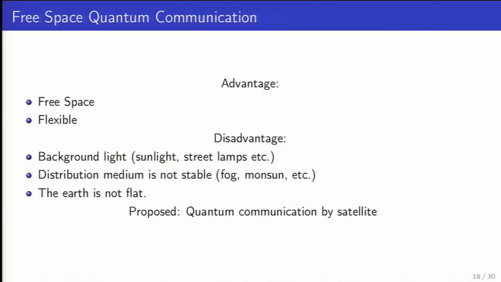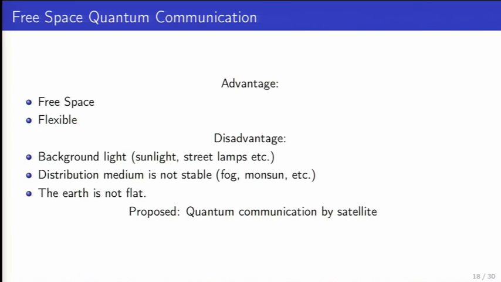And the disadvantage is that there's background light, like the sun or street lamps, and when you have got a high photon count in your APD, the APD either burns out or just is saturated and doesn't detect any events.